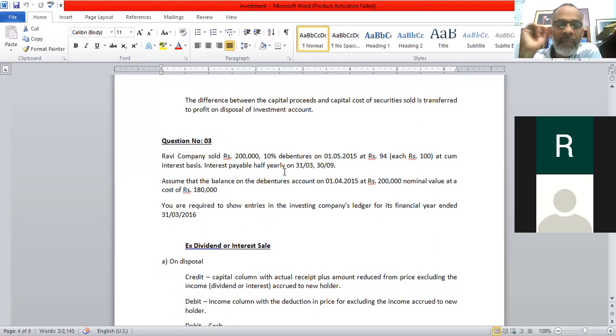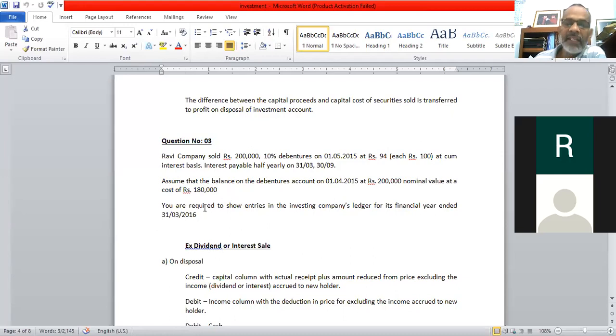Assume that the balance on the debenture account on 1st April 2014 was 200,000 nominal value at a cost of 180. If you want to sell, definitely you should have an investment. That's why they are saying that on the opening day you had an investment, and out of that you sold 200 entirely. You are required to show the entries in the investing company, that means Ravi company, for the financial year ended 31st March 2016.